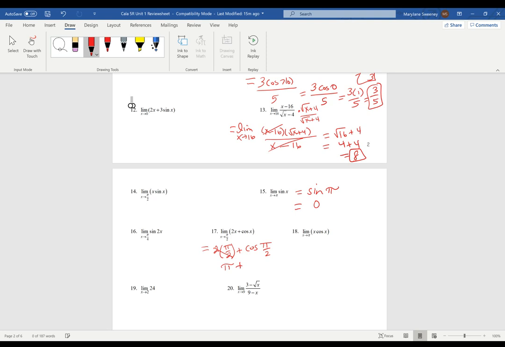This is pi. Cos of pi over 2 is 0, which is pi. And again, you can know that from your graph, or you could know it from your unit circle. At pi over 2, you're at 0, 1. Cos is the x-coordinate, sine is the y-coordinate.